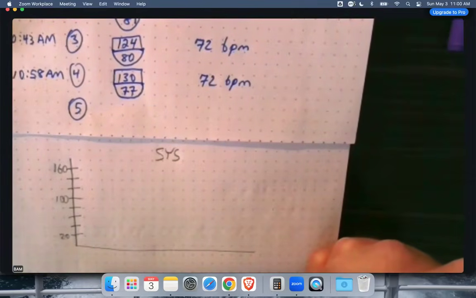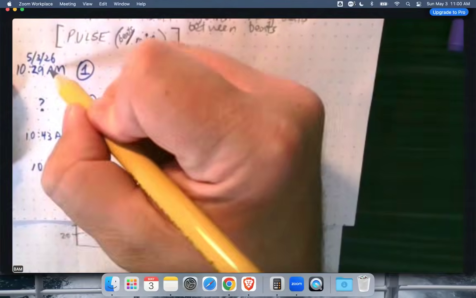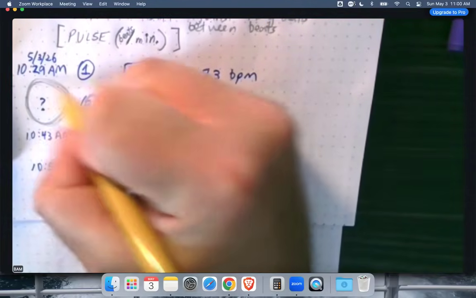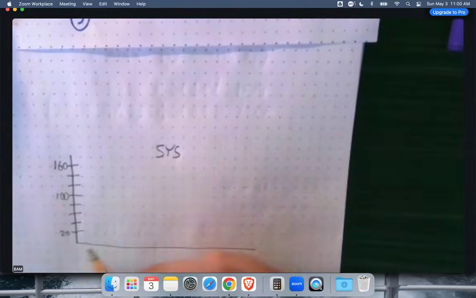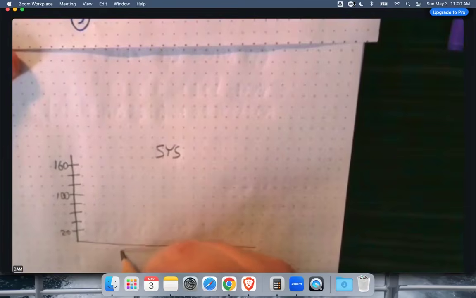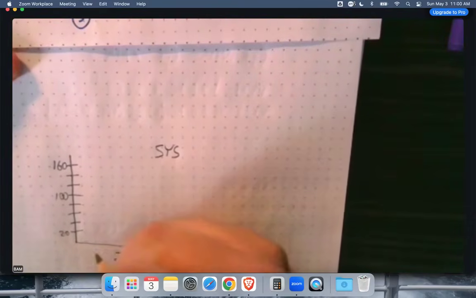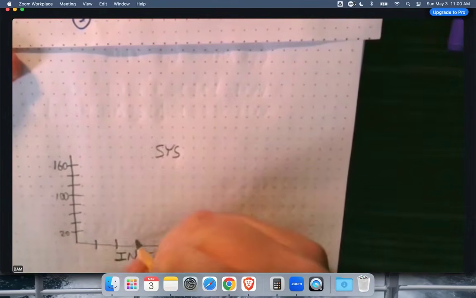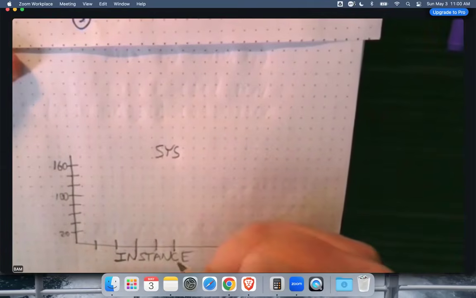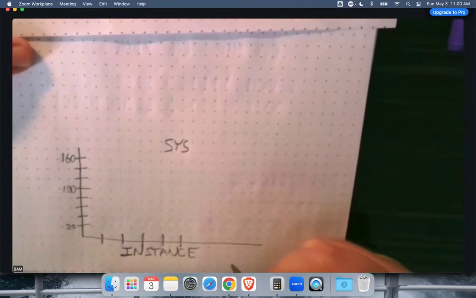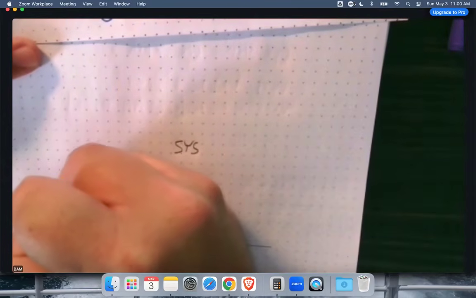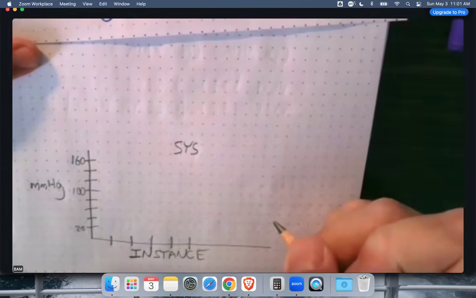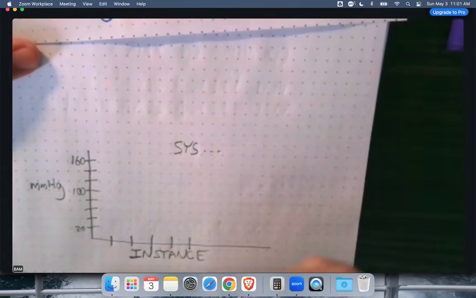That's kind of a problem because I can't really use time because of that. But I could just do instance or something. 1, 2, 3, 4, 5. It's not time. And then this is in millimeters of mercury. And I could put more words here, but this is just a sketch.